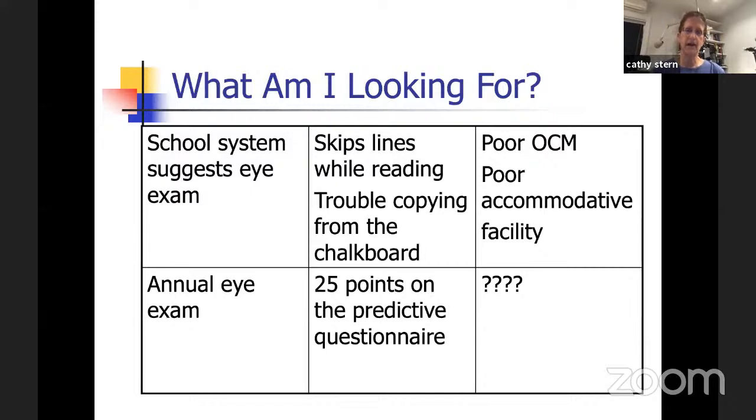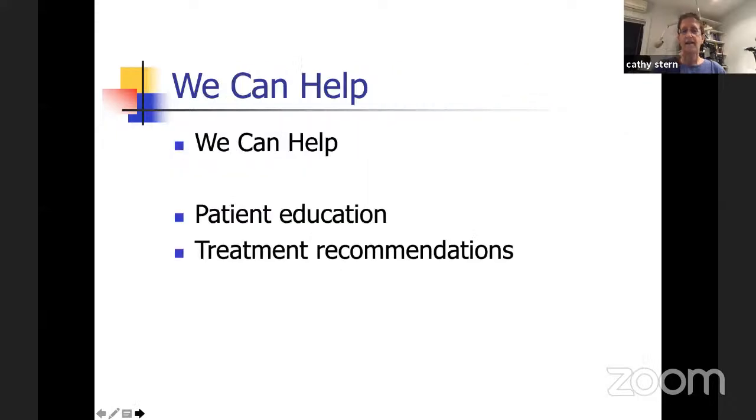Just the fact that you're asking these questions lets parents know that you're concerned and that what you do is likely different from a basic eye exam, or certainly the kind of screening they do at school or in a pediatrician's office. Let them know that you can help. Educate them, even if they're not ready for what you're recommending. Make sure they leave the office with a booklet.